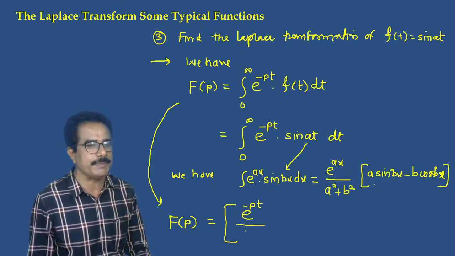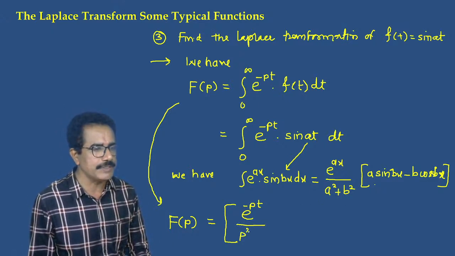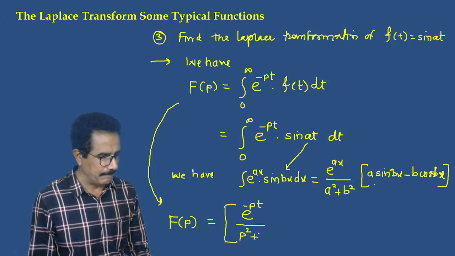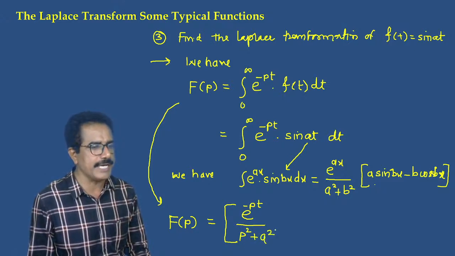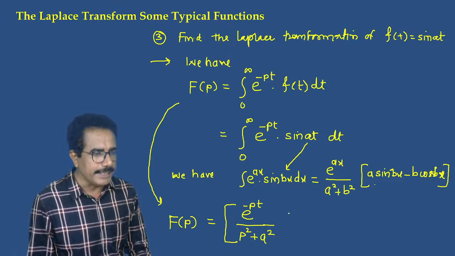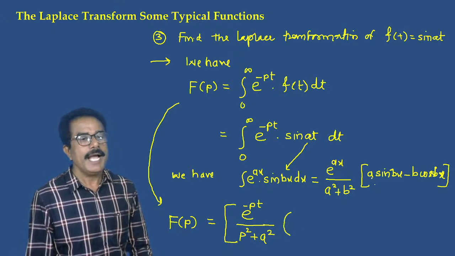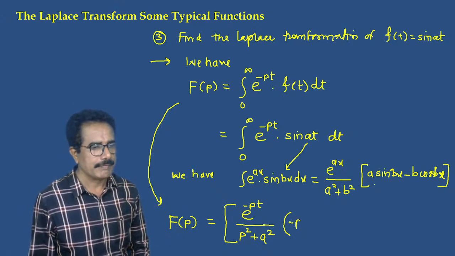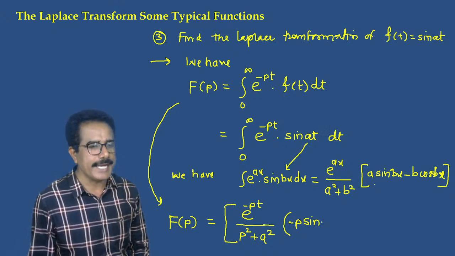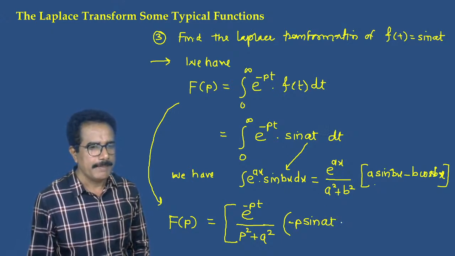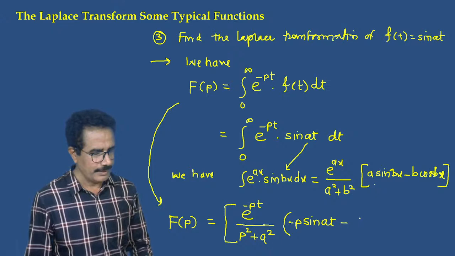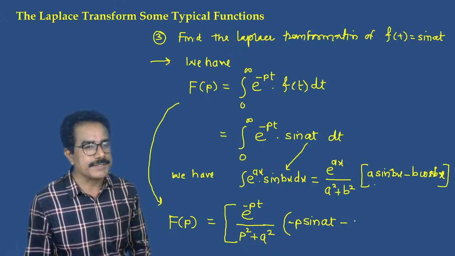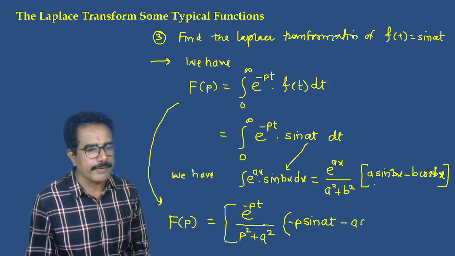A means minus p square, that means p square, plus b means a square, in a bracket, again a means minus p sin bt, b means a, minus, again b means what, a cos bt.